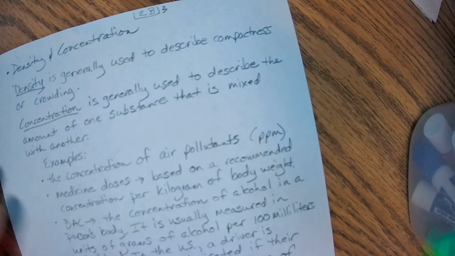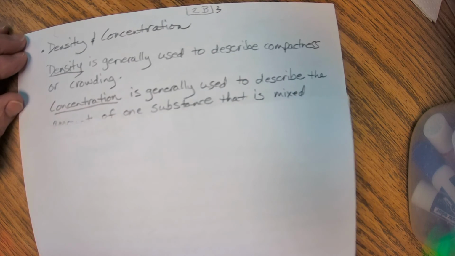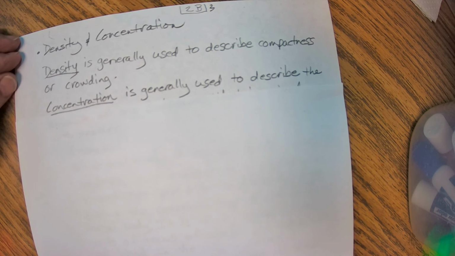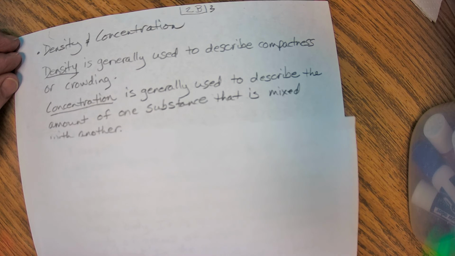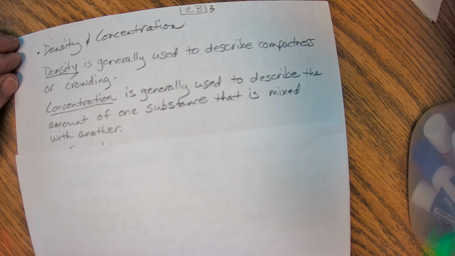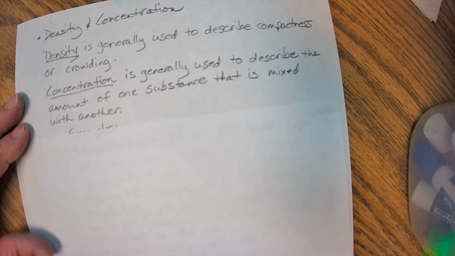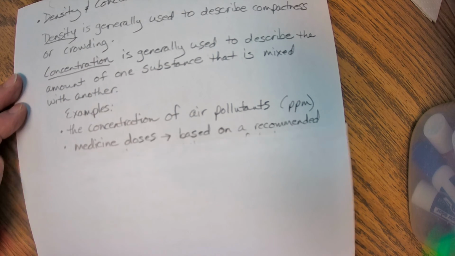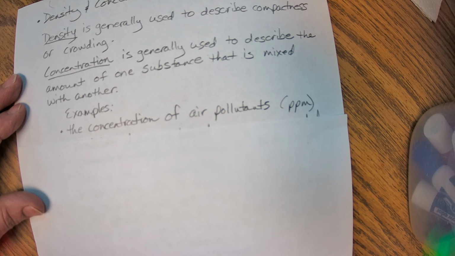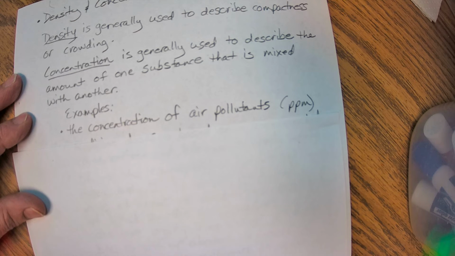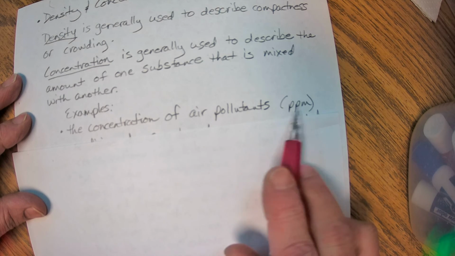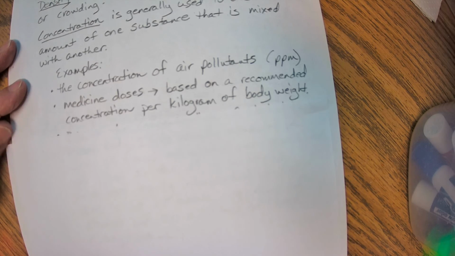The other thing discussed in this section is density and concentration. Density is generally used to describe compactness or crowding, and concentration is generally used to describe the amount of one substance that is mixed with another. For example, the concentration of air pollutants is usually discussed as parts per million. That's what ppm stands for.